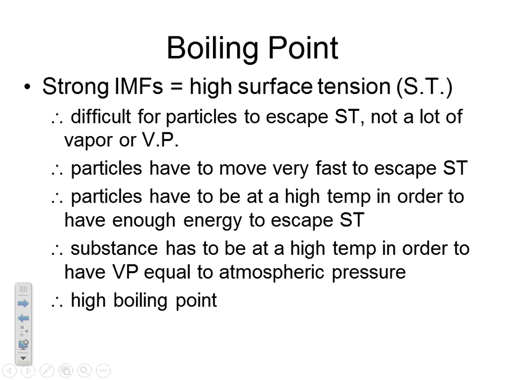I know that's kind of a lot, but notice how this is all pulled together, right? High surface tension and low vapor pressure combine to say that this structure is going to have a very, very high boiling point because of its very, very high intermolecular forces of attraction.